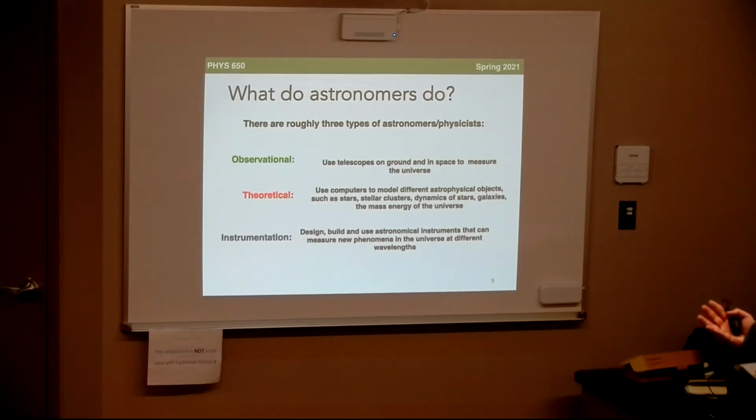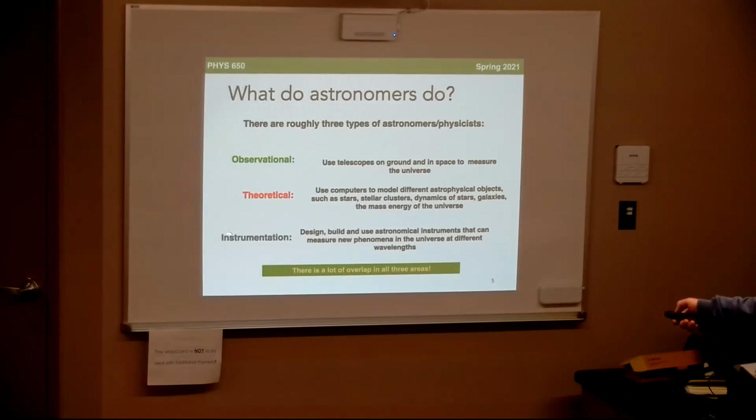So this kind of goes for both physicists and astronomers. Have you picked what kind you're going to be? Or is this like, I sort of have a feel that that might be interesting? There's lots of overlaps, right? But these are sort of the 3 that we talk about in astronomy. You're an observational astronomer, you're a theoretical astronomer, or you're an instrumentationist. But there's a lot of overlap.